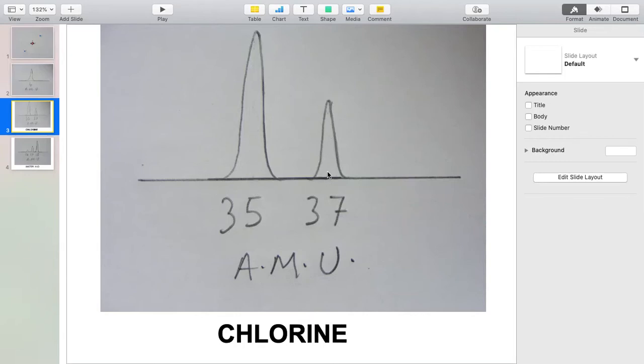But if you were doing an experiment that involved determining the density, or the weight of a known number of atoms, you would be a bit confused, because these ones are more abundant than these ones. You tend to end up with an average weight of about 35.5, somewhere about here.